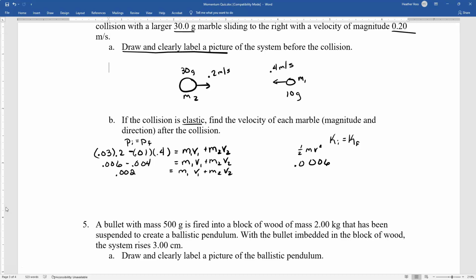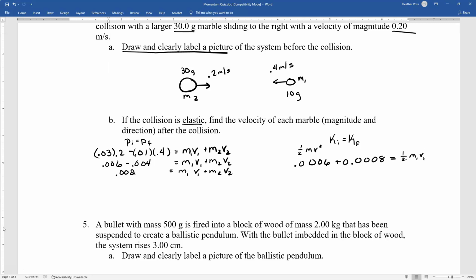Then I have 0.01 times 0.4 squared times 0.5. So that's going to give me 0.0008 joules. So that's my initial kinetic energy.